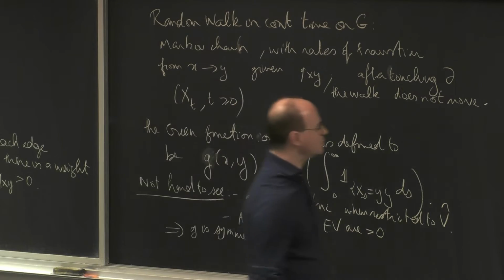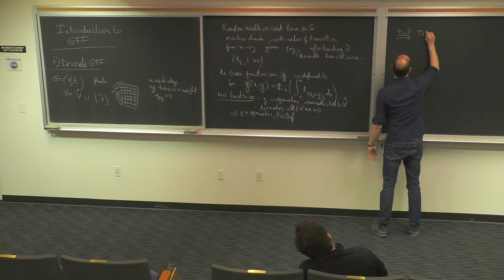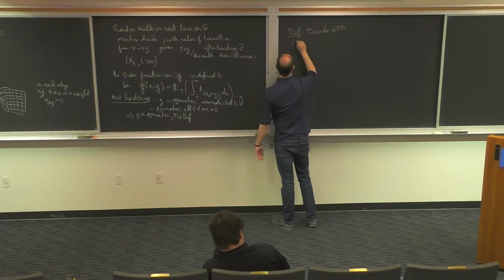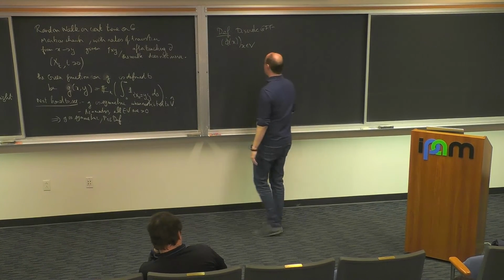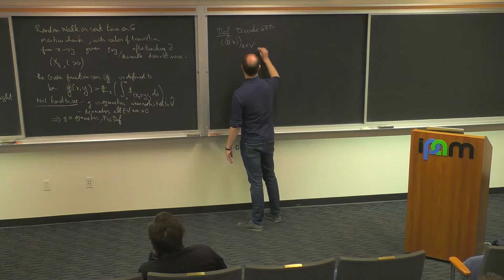So the definition of the discrete GFF, this is going to be phi of x. You can either include the boundary vertex or not, but let's include it.